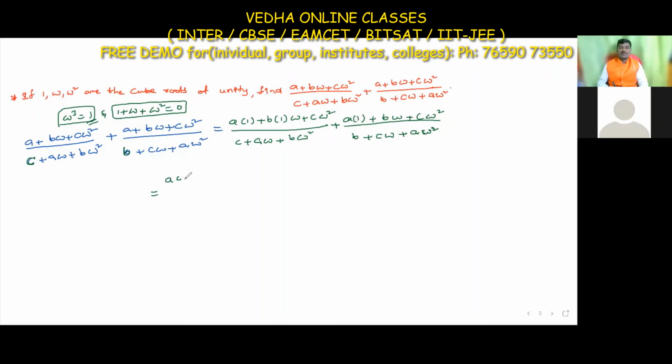So A into omega cube plus B into omega cube into omega plus C omega square, whole divided by C plus A omega plus B omega square, plus A into omega cube plus B omega plus C omega square, whole divided by B plus C omega plus A omega square.